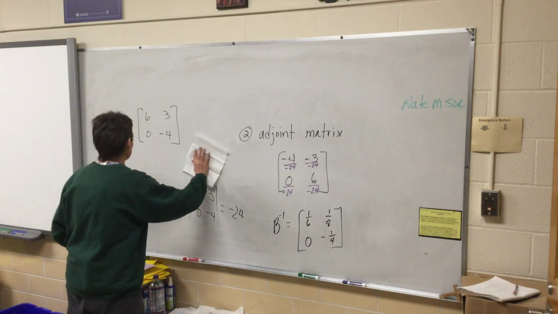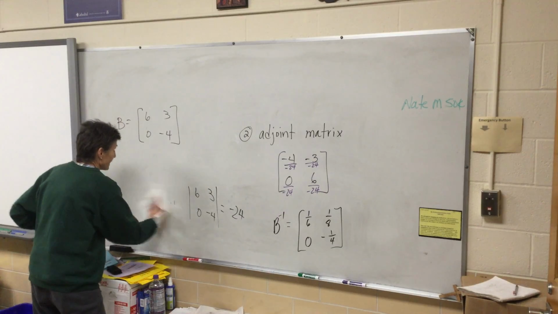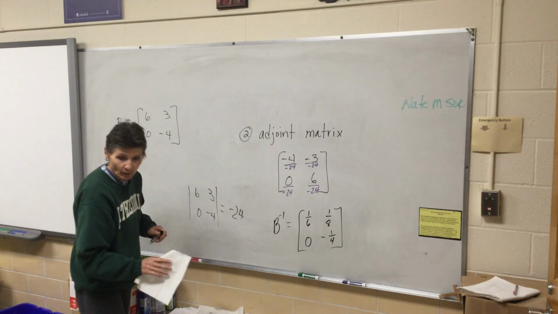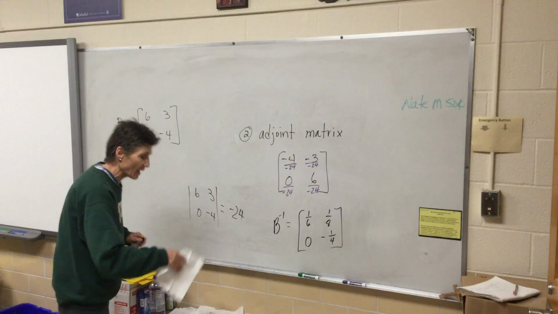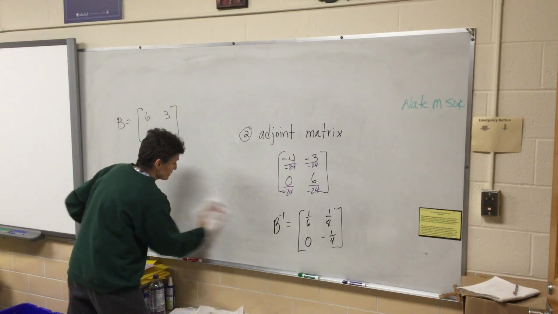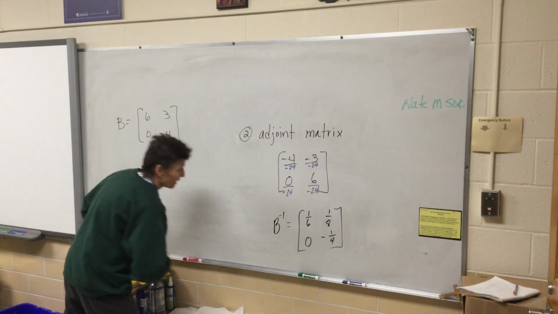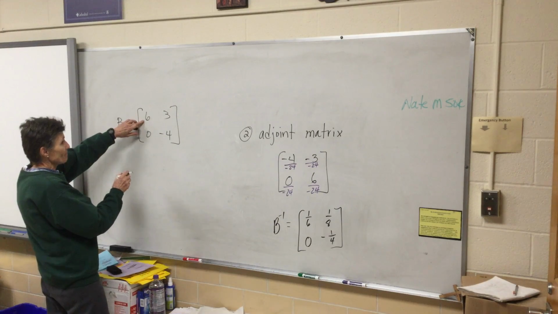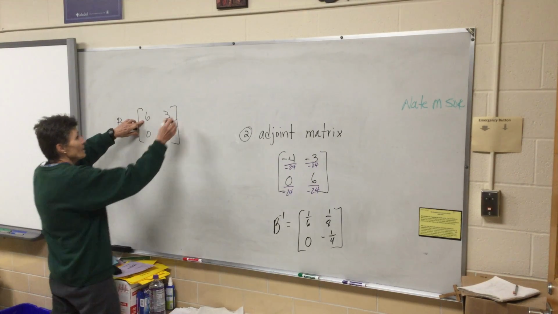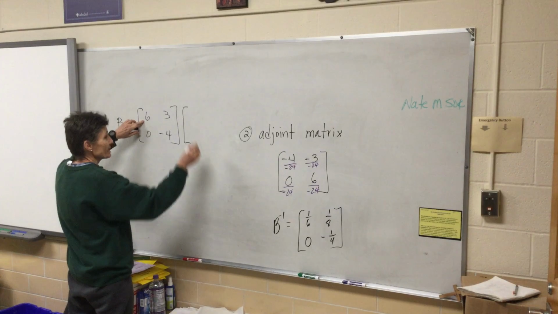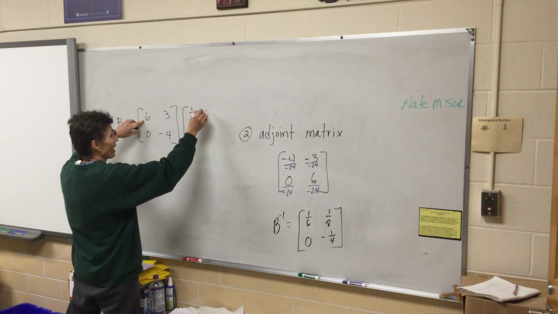So here's what I'd like you to do. I'd like you to, over to the side somewhere, in the margin, multiply matrix B times the inverse that you just got.